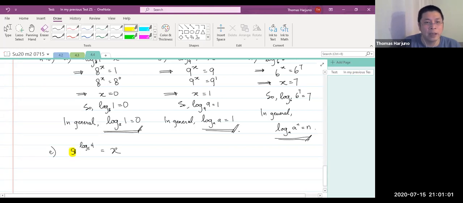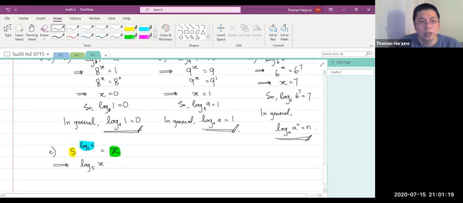This is the base, this is the exponent, and this is the answer. Then if we change that exponential form into log form, log base 5 of x is equal to log base 5 of 4.